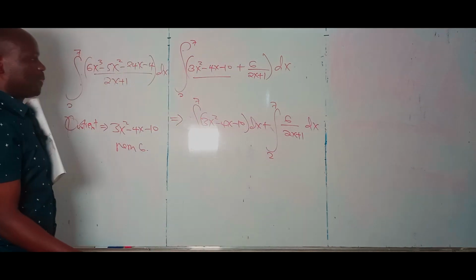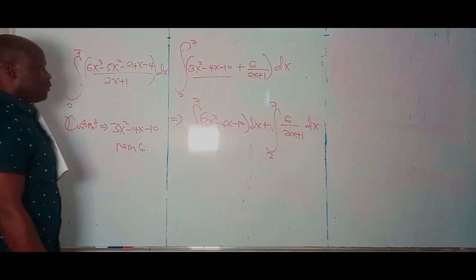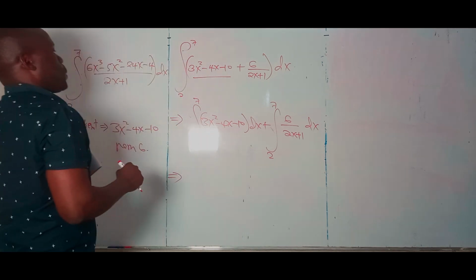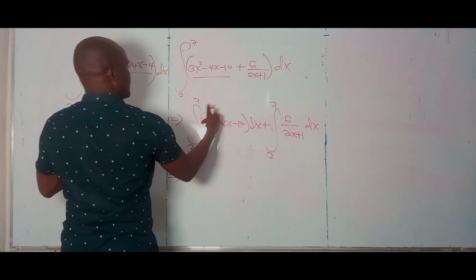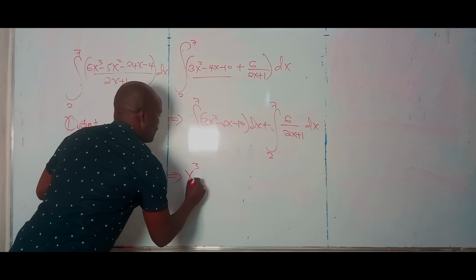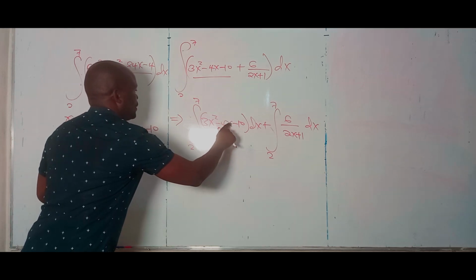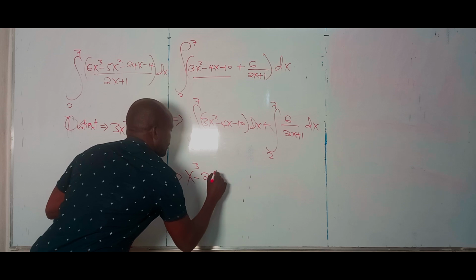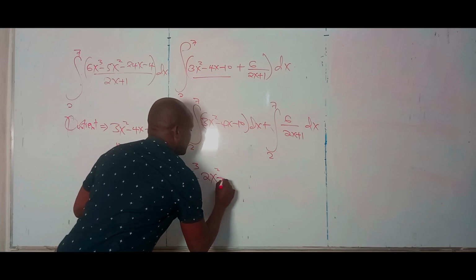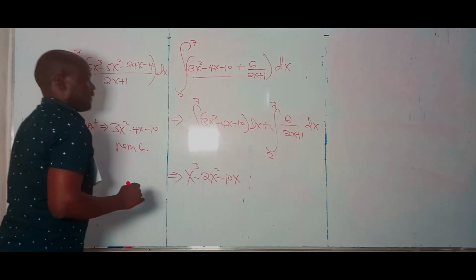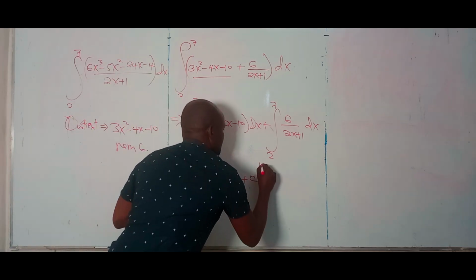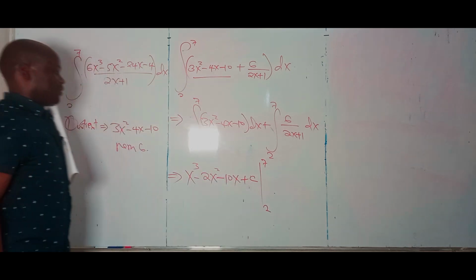For the first part, when integrating, you add one to the power and divide, so I end up with x cubed minus 2x squared minus 10x plus c, where c is an integration constant, from 2 to 7.